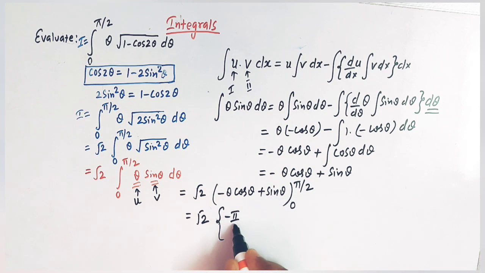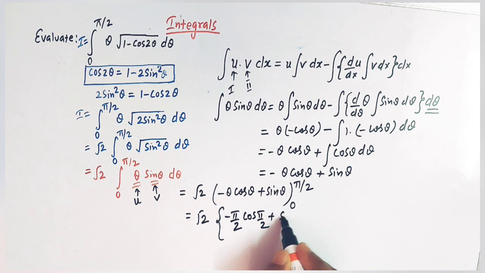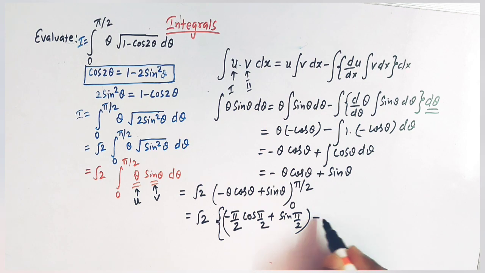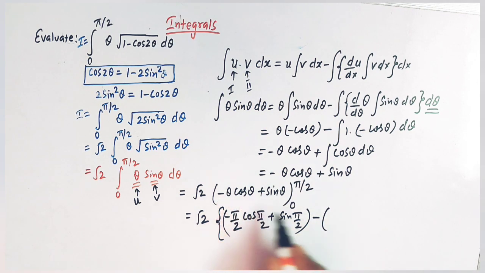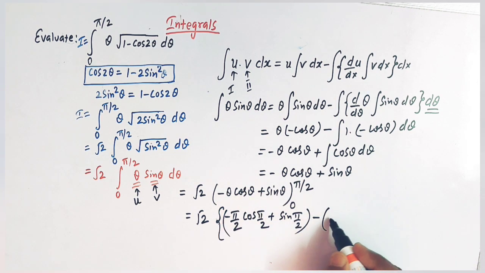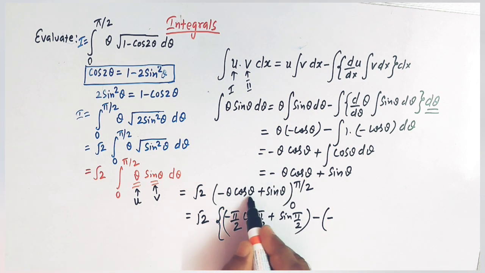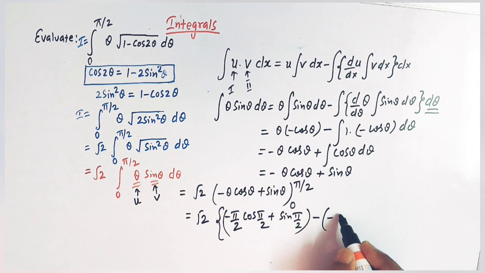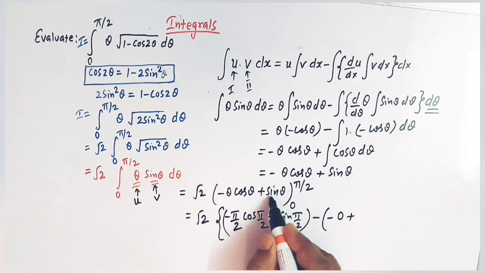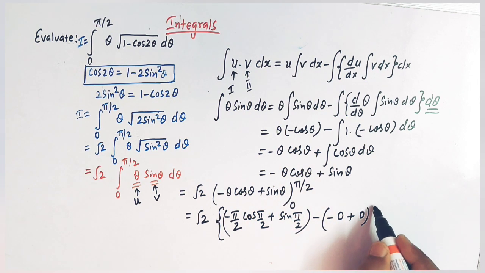Then we have minus pi by 2 cos of pi by 2 plus sine pi by 2, and then we have a minus sign here, and when we take 0 here, then obviously this quantity is 0, and then we have sine of 0, which is 0, right?